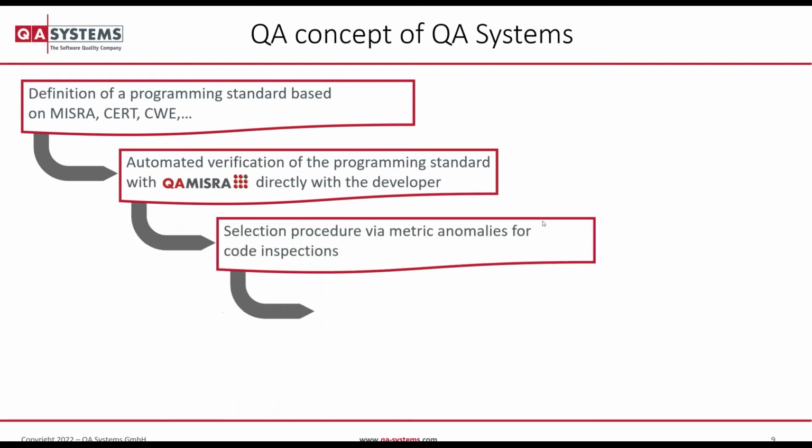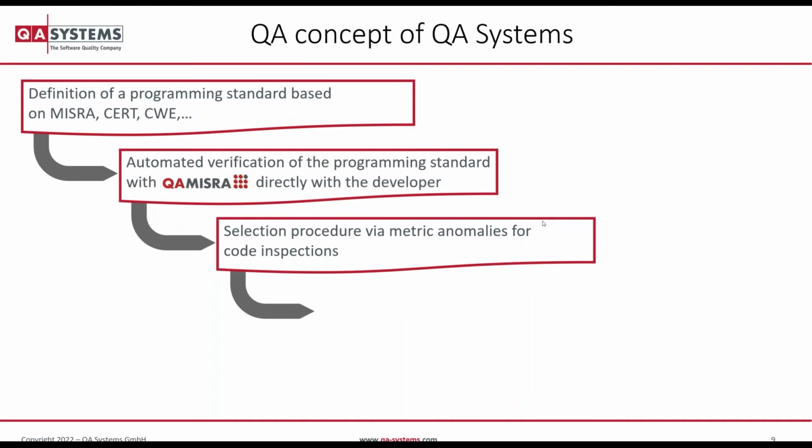As the next step is selection procedure via metrics for anomalies for code inspections. You can use software metrics calculated by static analysis tools to define the areas you think are worth looking into in a code inspection.